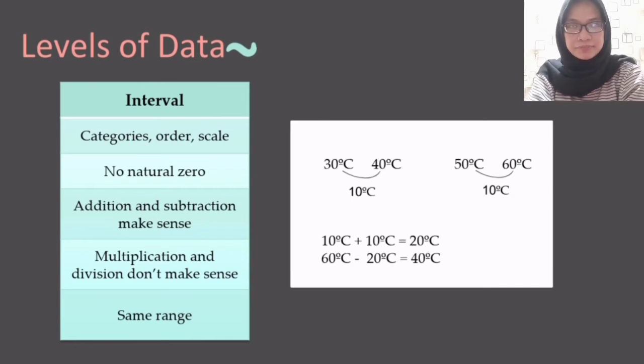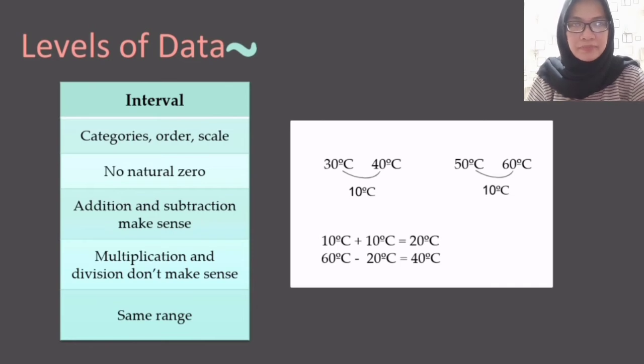For example, we have 4 temperatures here: 30 degrees Celsius, 40 degrees Celsius, 50 degrees Celsius, and 60 degrees Celsius. The range between the points is 10 degrees Celsius, and we can add it and we can subtract it.